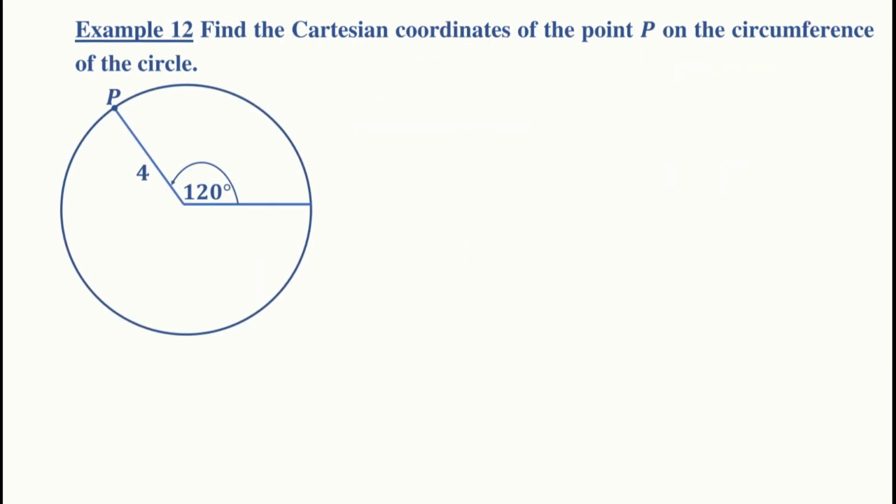Alright, so here's a nice little problem which we should be able to handle. Now, we want to find the coordinates of this point P, the Cartesian coordinates for that point on the circumference of this circle that we see, and they're telling us that this angle is 120 degrees, right?